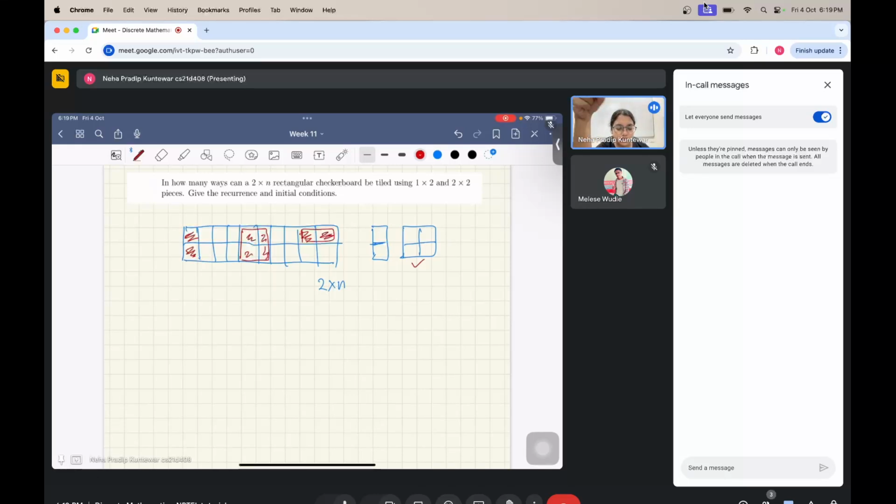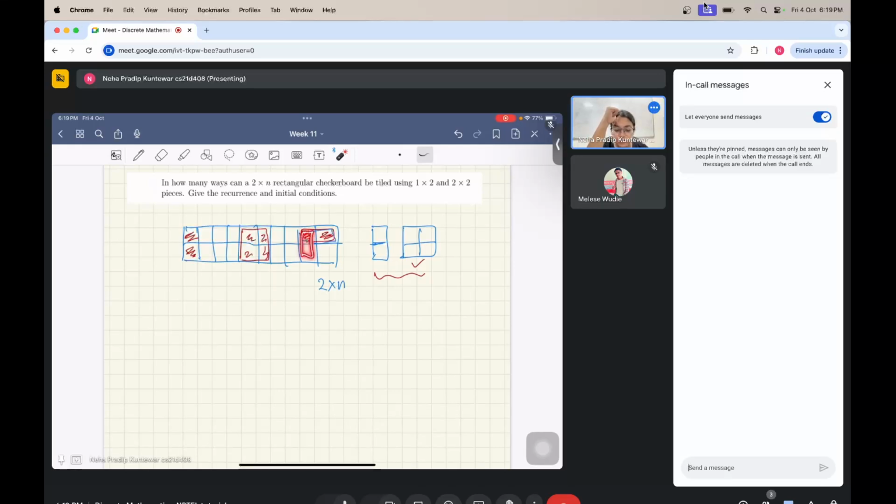You have an ample supply of tiles of both kinds, and you want to place them such that all the squares are covered. Now the problem is, if one tile is placed like this, you can't place another tile over here because you can't overlap 2 tiles. So given a square, only one tile can be placed over it.